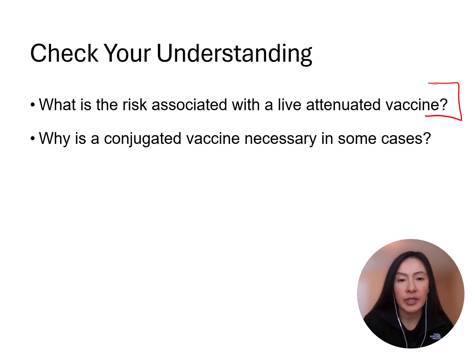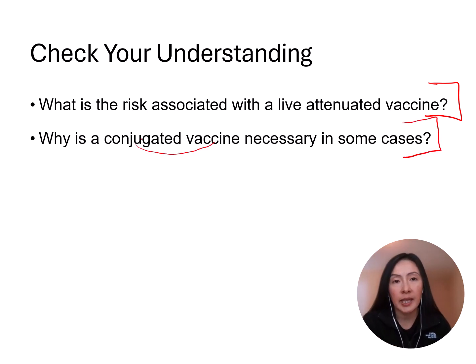Sometimes live attenuated vaccines may not be recommended for severely immunocompromised individuals or pregnant patients. The second question asks, why is a conjugated vaccine necessary in some cases? So polysaccharide capsules of some bacteria are T-independent antigens. And remember from previous videos, this means that it elicits only weak IgM-only responses. There's no memory cells formed, and they're also poorly immunogenic in children under 2 years old.